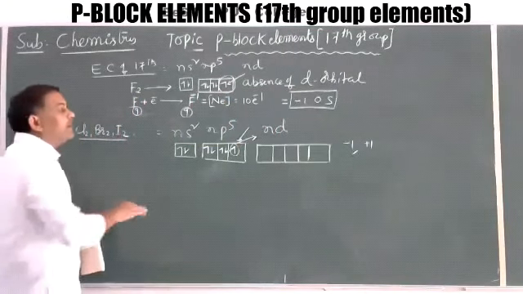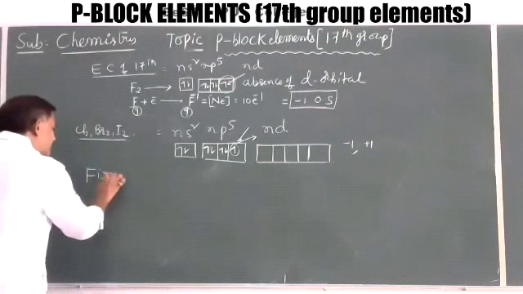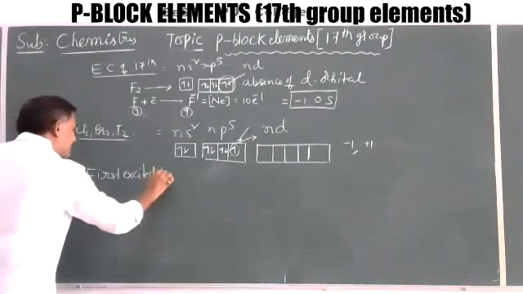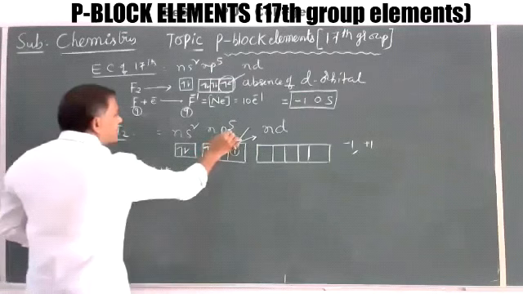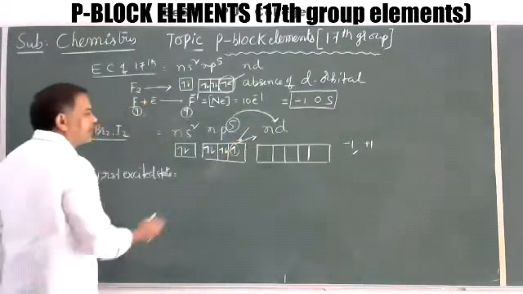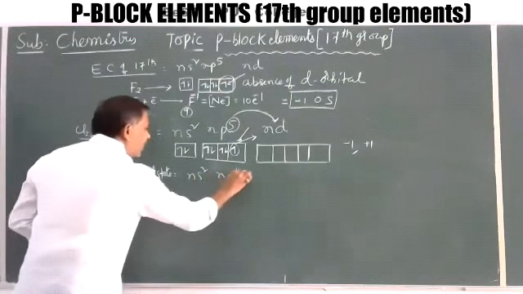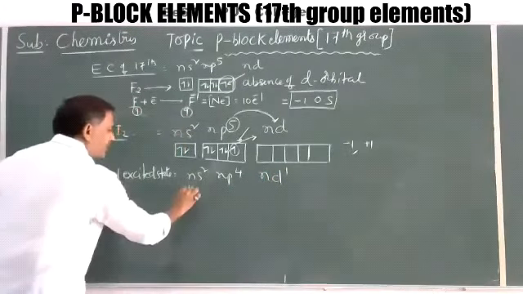Now the first excited state is where one electron is excited from np to nd. Here the configuration is ns2 np4 nd1.